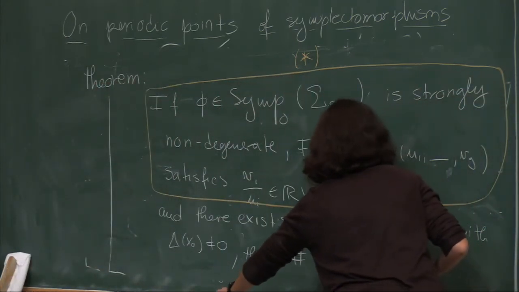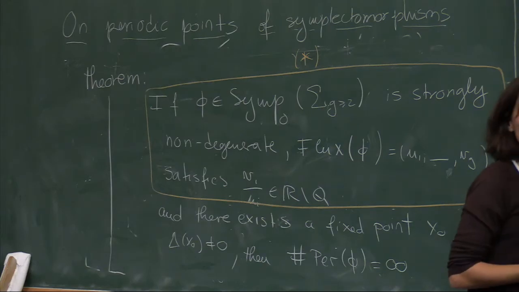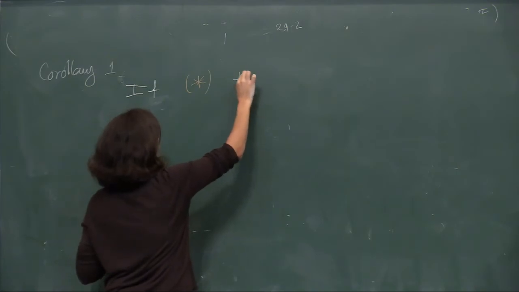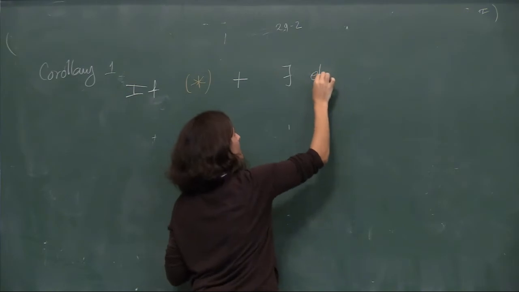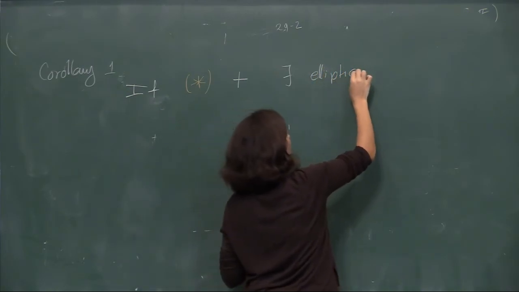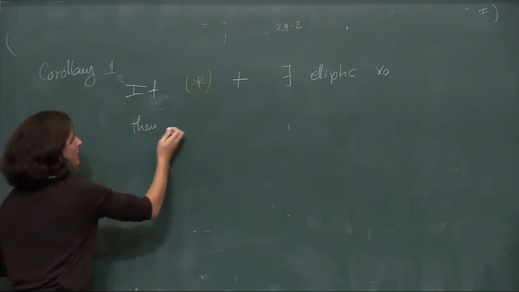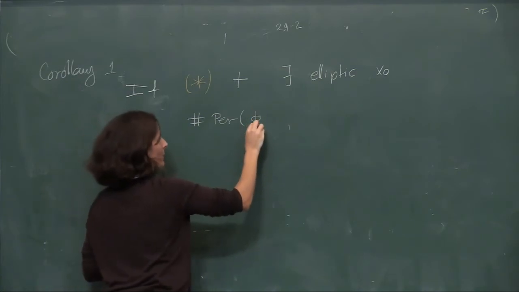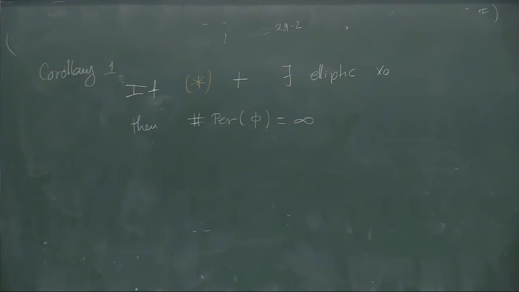So if star holds, plus there exists an elliptic fixed point x naught, then the number of periodic points of phi is infinite. So elliptic implies immediately this condition.